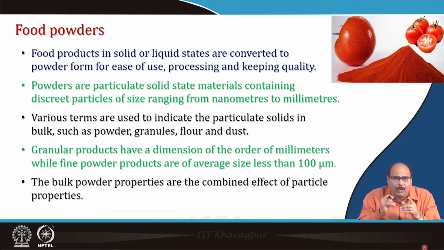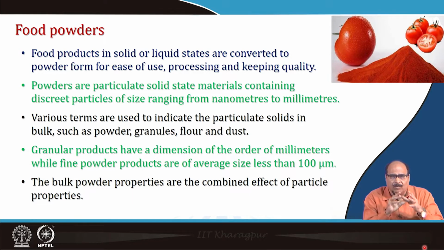Powders are particulate solid state materials containing discrete particles of sizes ranging from nanometers to millimeters. Various terms are used to indicate particulate solids in bulk, such as powders, granules, flour and dust.